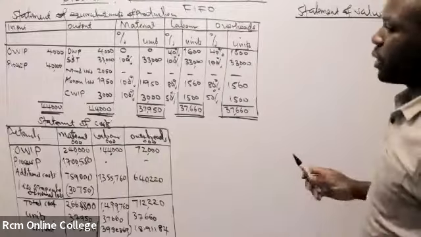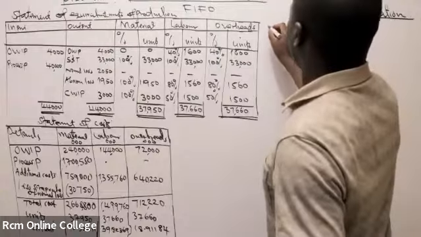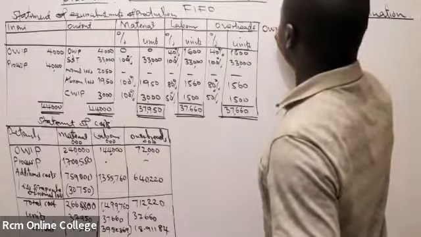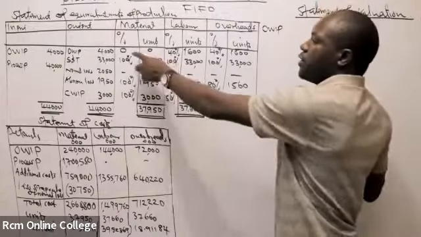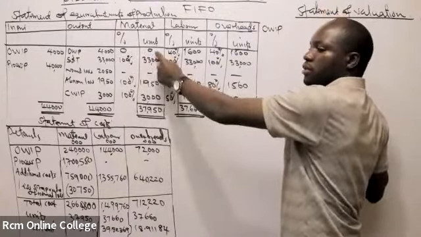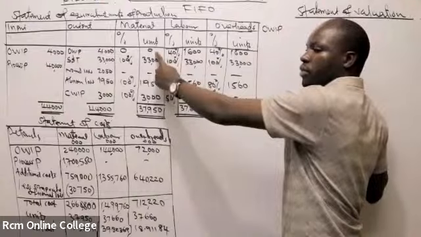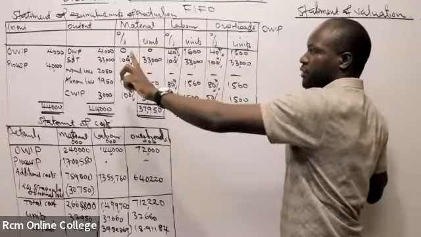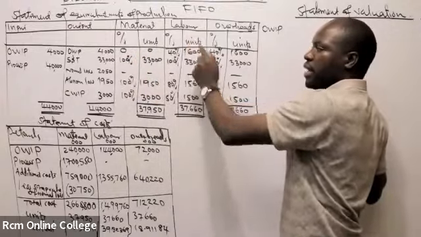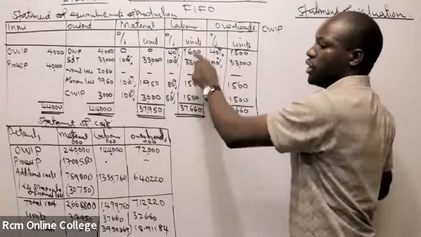So let's start with opening work in progress. As you can see, do we have anything for material in terms of quantity? We don't have. So we just leave it. How about labor? Yes, we have 1600 units.